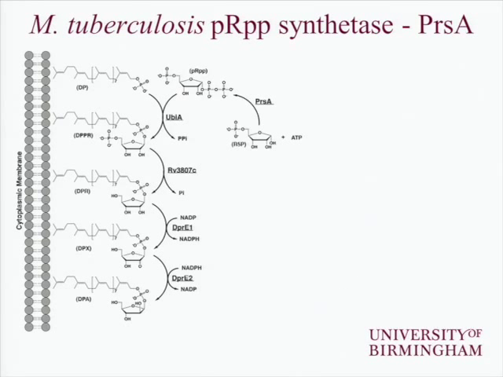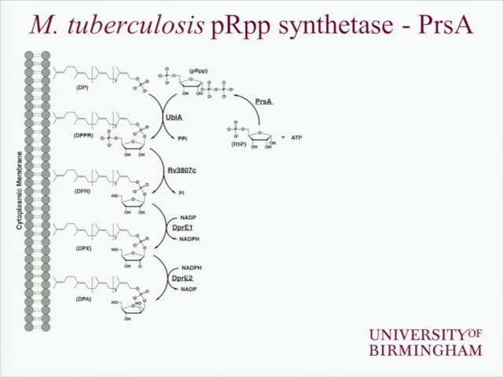I want to go back a little bit and talk about DPA in more detail, because it's quite a key lipid intermediate and donor in terms of arabinogalactan synthesis. It starts, as I mentioned earlier, from PRPP, and we have the addition of the decaprenyl phosphate moiety catalyzed by UbiA here.